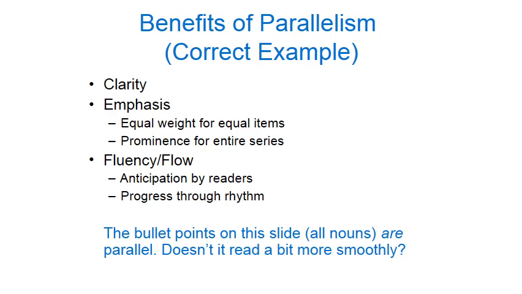So these are examples of parallel items. Equal emphasis, equal weightage for equal items, prominence for the entire series. Then fluency and flow, anticipation by readers, progress through rhythm. The bullet points on this slide, all nouns, are parallel. Doesn't it read a bit more smoothly? Clarity, emphasis, fluency. So you see, these are examples of parallelism.